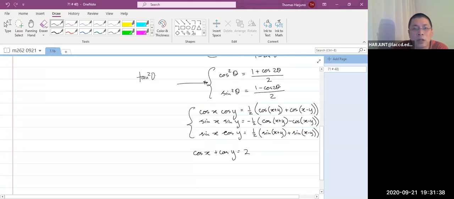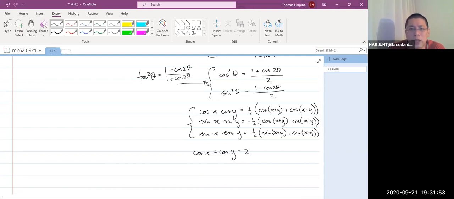Tangent squared theta equals 1 minus cosine 2 theta over 1 plus cosine 2 theta. Actually, there are more. It's half angle formula. I'll go to half angle formula later on. This will be 2 times cosine half of the sum times half of the difference.